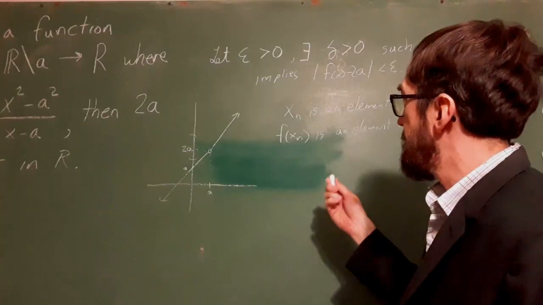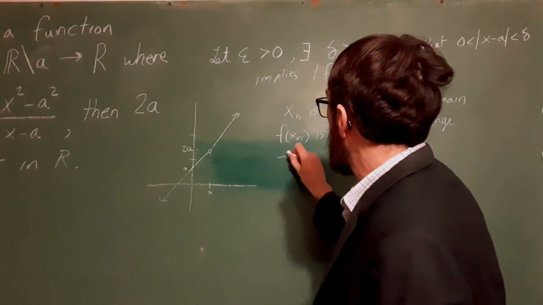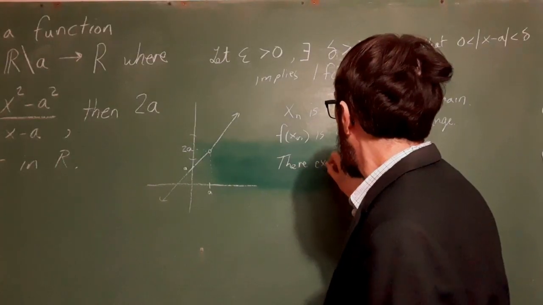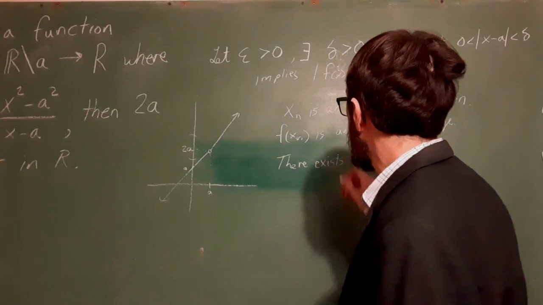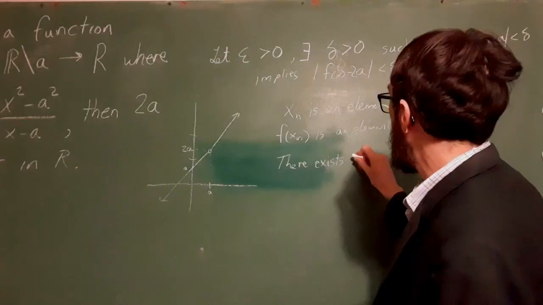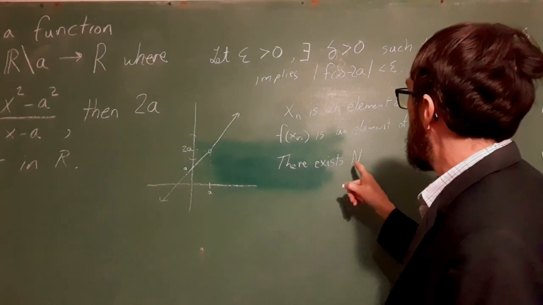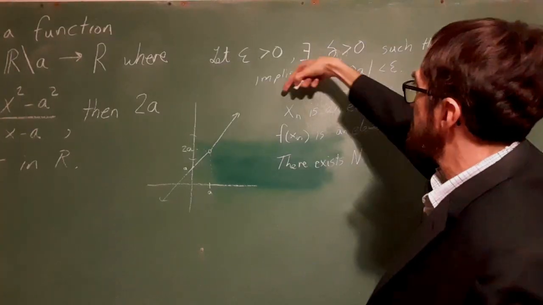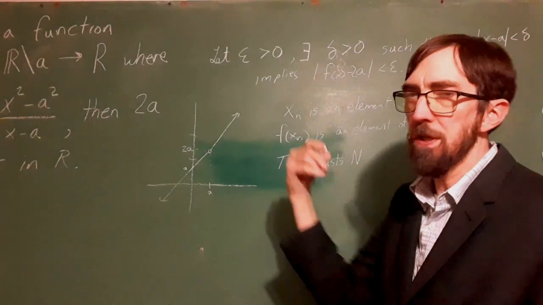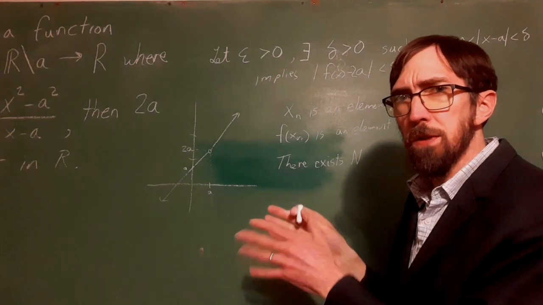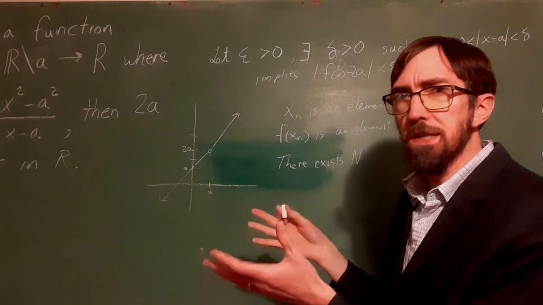We're going to say something else now. There exists another real number, capital N, and this capital N is just some number in the sequence, but it's a distinctive number in the sequence that we're going to call out and say something about.